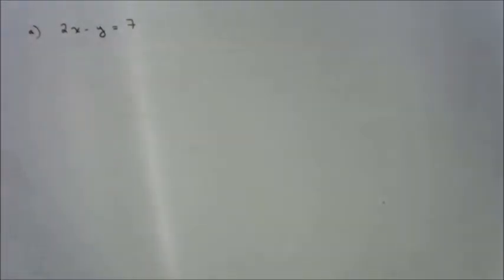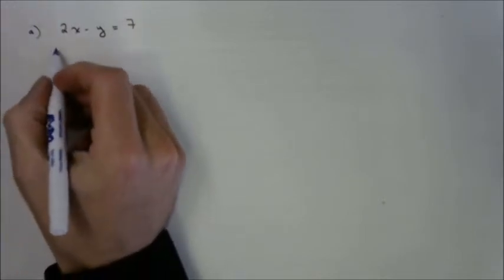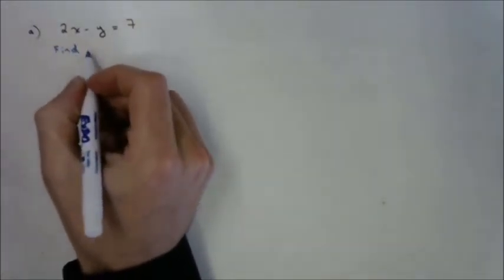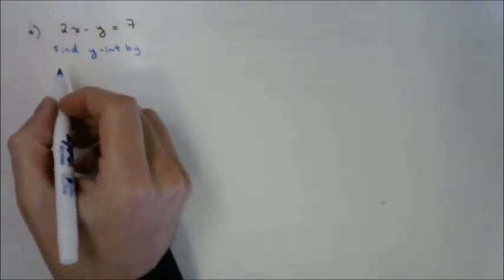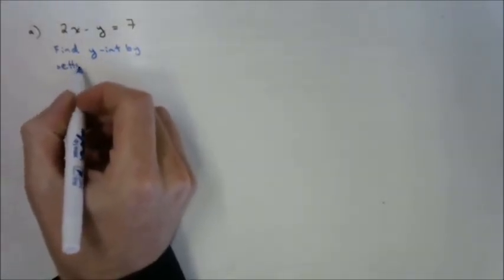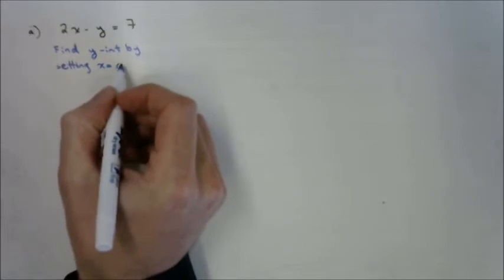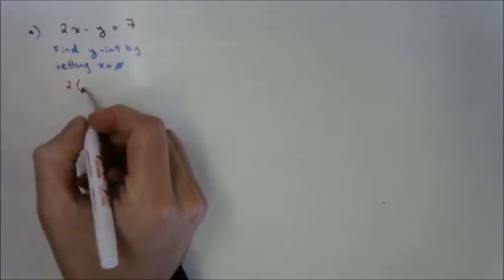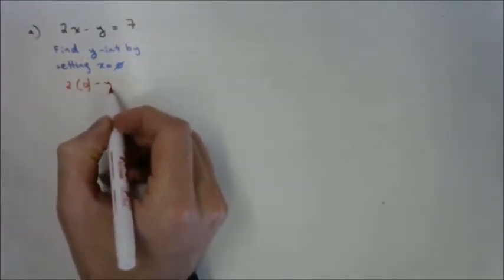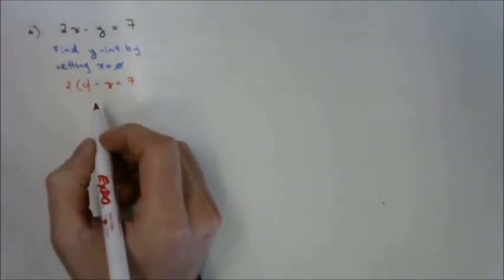So how do we do that? How do I find the y-intercept? Find the y-intercept by setting x equals 0. Here we go. 2 times 0 minus y equals 7.